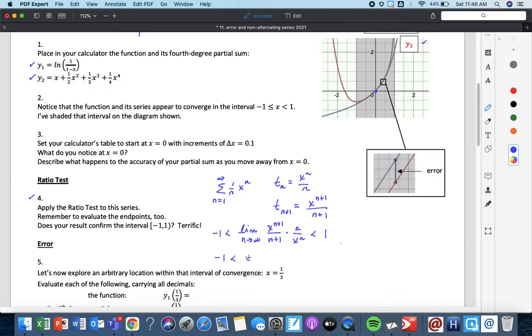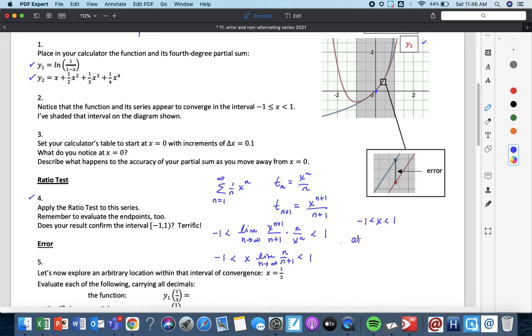I can remove it from the limit expression because it doesn't depend on n. And then I'm left with n over n plus 1 inside the limit. And that limit, as n approaches infinity of n over n plus 1, is equal to 1. So that means my interval just goes from -1 to 1. That's my interval of convergence. And it's an open interval because I haven't yet evaluated the endpoints. But let's do the endpoints as well.